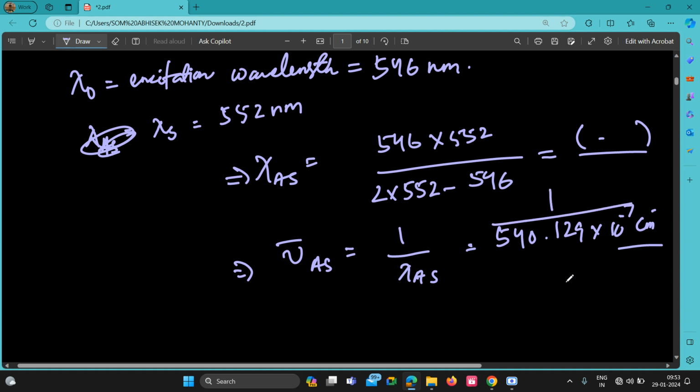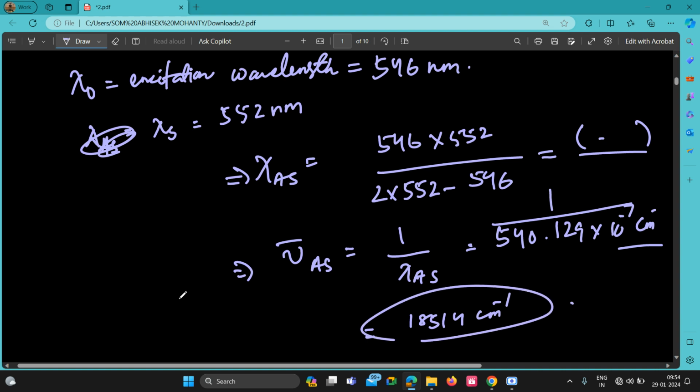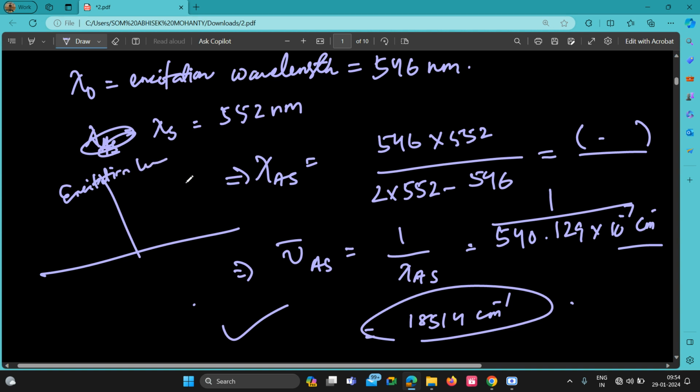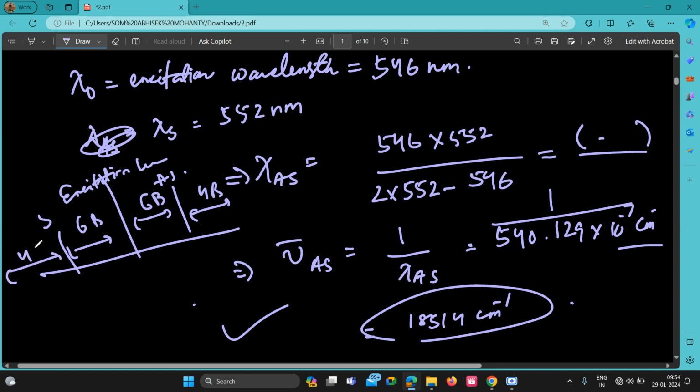So 1 by lambda anti-Stokes will be about 18514 centimeter inverse. You can use a calculator for this. This is how you solve this question. This is your excitation line in the middle; to the right there is anti-Stokes and to the left there is Stokes. The difference between them is 6b, but after that this is 4b and this is 4b.